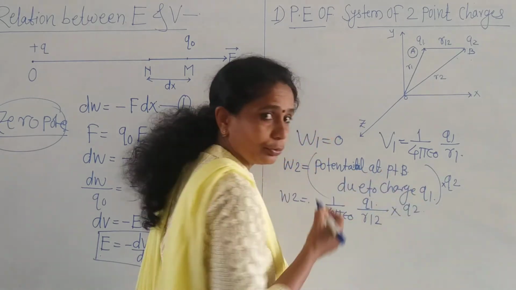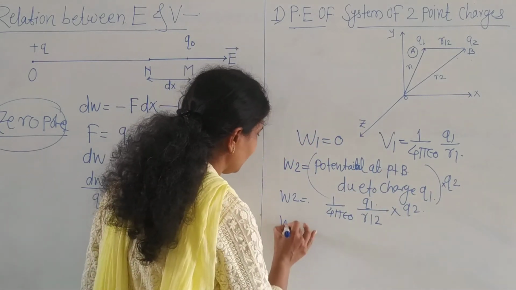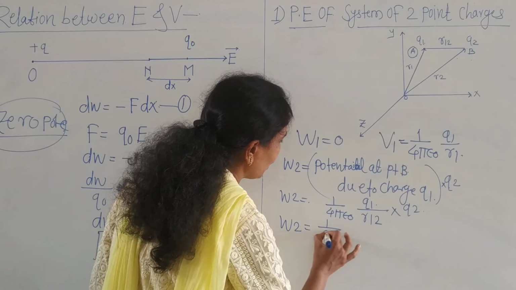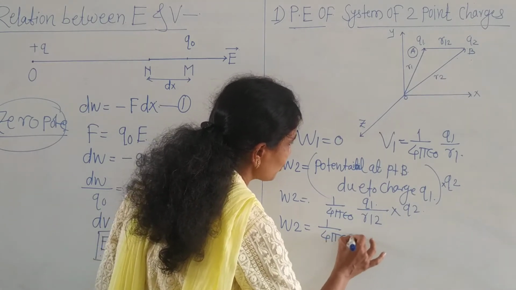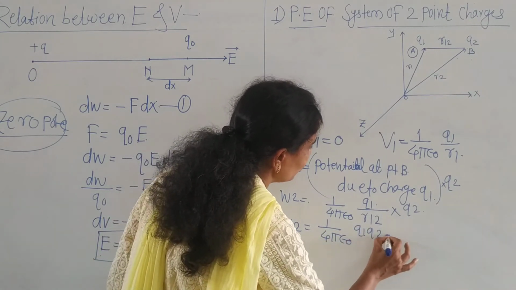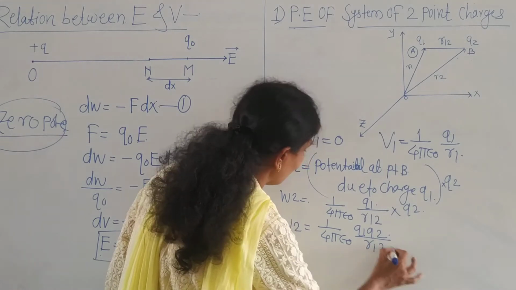Therefore W2 is equal to 1 upon 4 pi epsilon 0 Q1 Q2 upon R12.